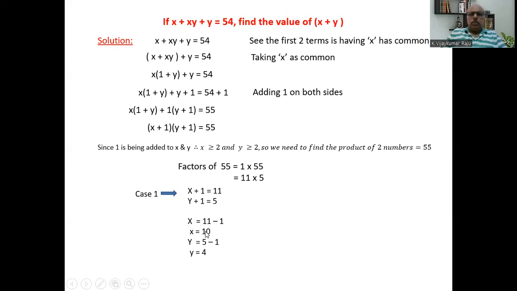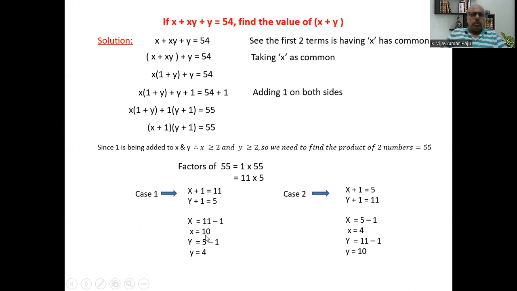So your x value is 10 and y value is 4. Let's see the second case: x plus 1 is equal to 5 and y plus 1 is equal to 11. So x is equal to 4, and y is equal to 10.